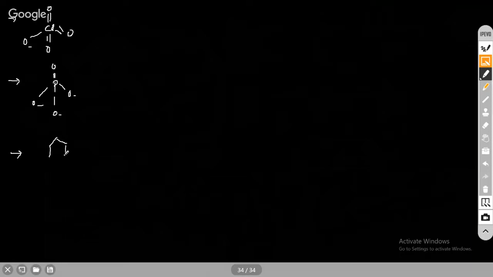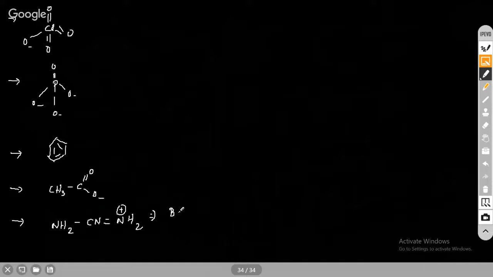Benzene ring, bond order of the benzene ring. CH3 double bond O, O minus. NH2, CN double bond NH2 plus. The bond order of carbon and nitrogen here.